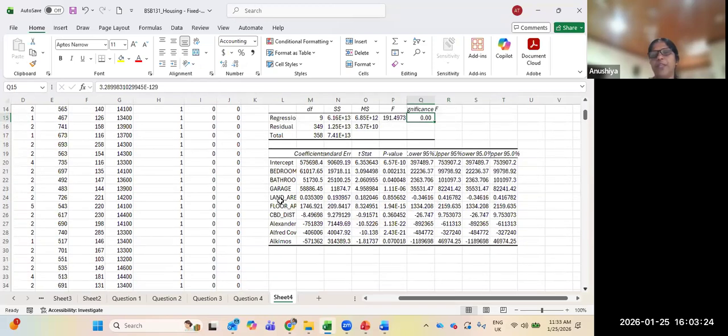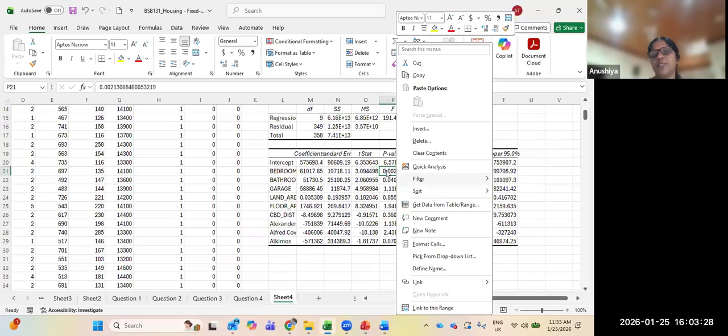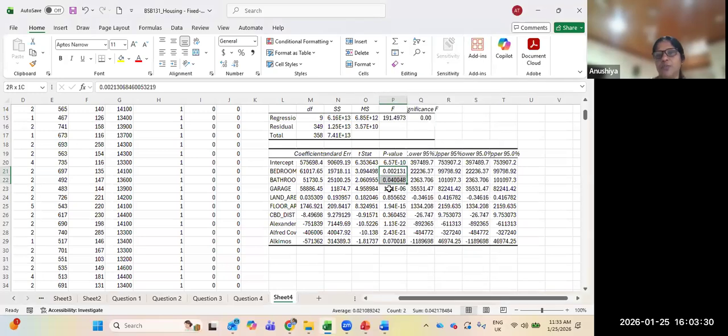If you look at the independent variables one by one, we need to see whether the variables are significant or not. How can we see that? By looking at the p-value. The decision rule is, if the p-value is less than the level of significance, then those variables are significant, which means they affect the house price.